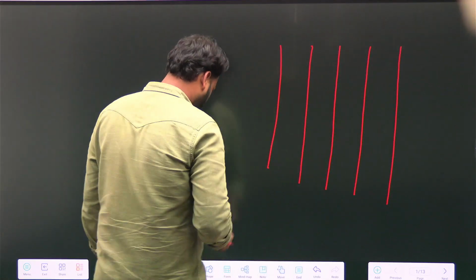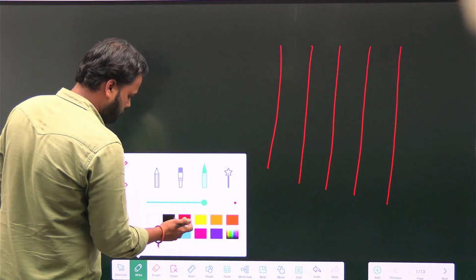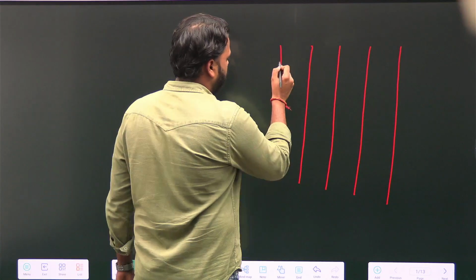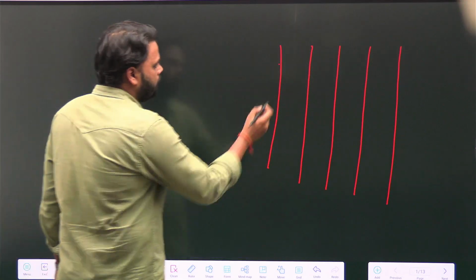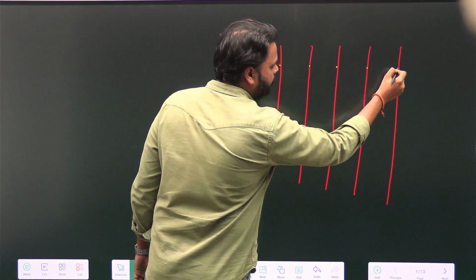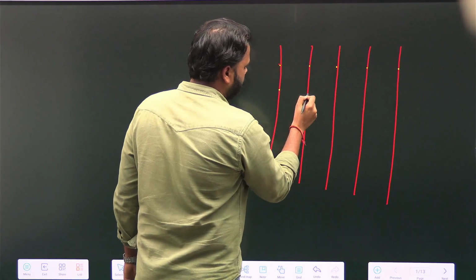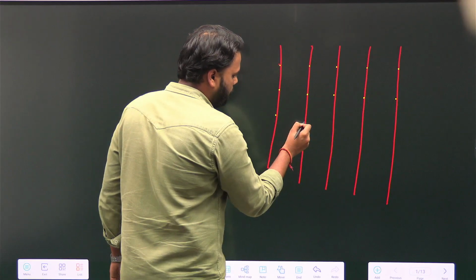I am denoting here some lattice points. I basically want to tell you to look at this plane.